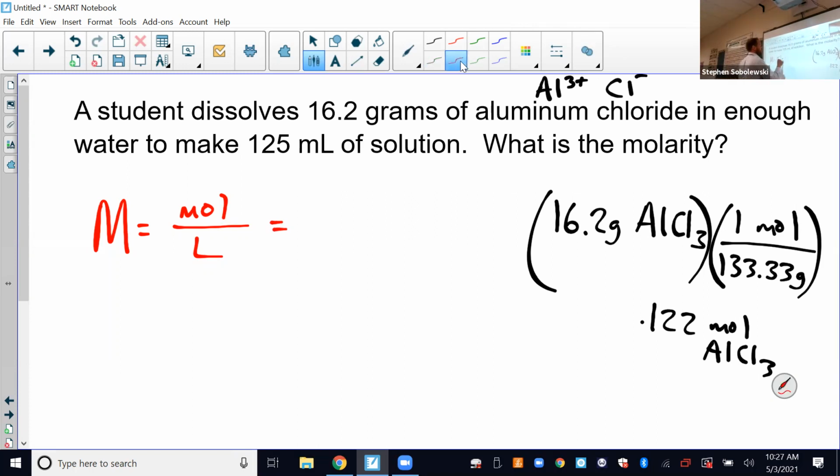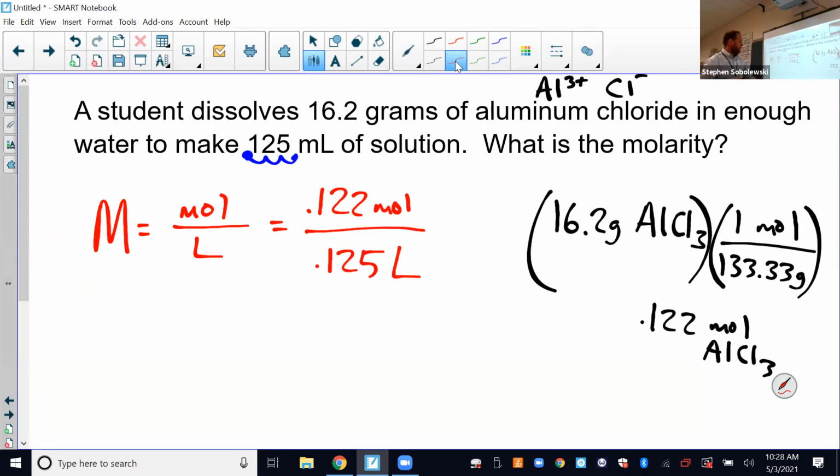All right, so we worked out the moles. I'll plug that right in. We are given milliliters, 125. So we're going to grab that decimal point, which is right here, sweep it 3 times to give us 0.125 liters, and that's going to plug right in there, 0.125 liters.